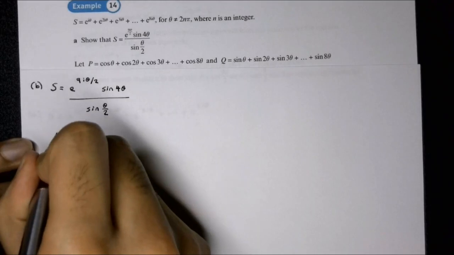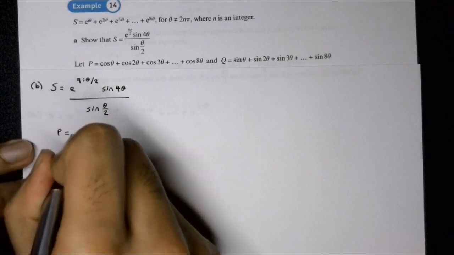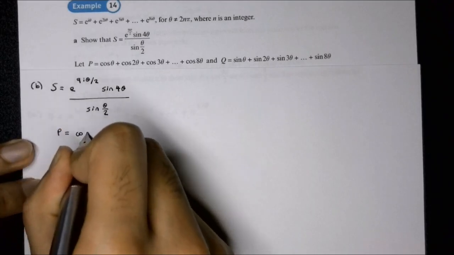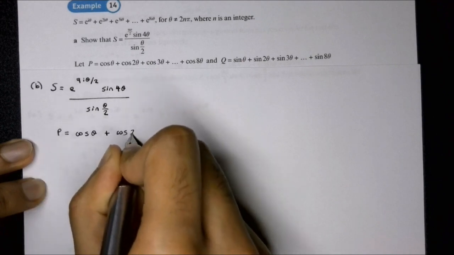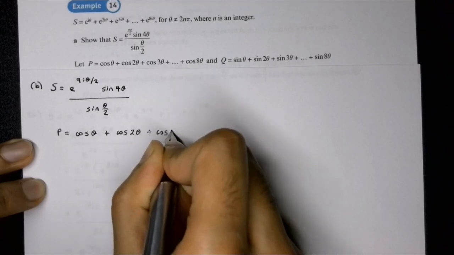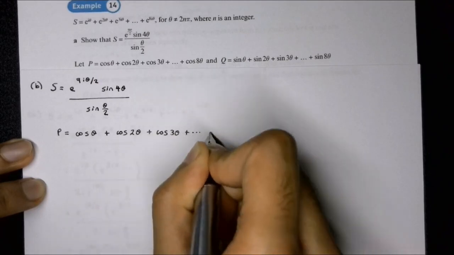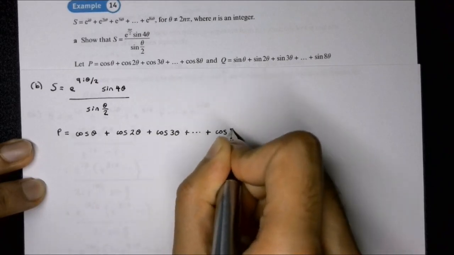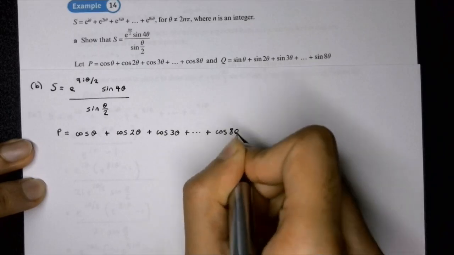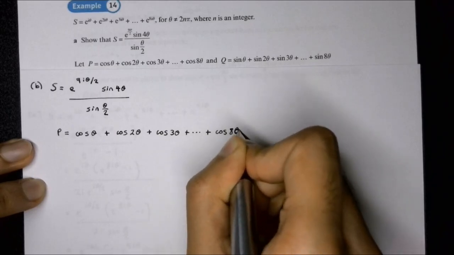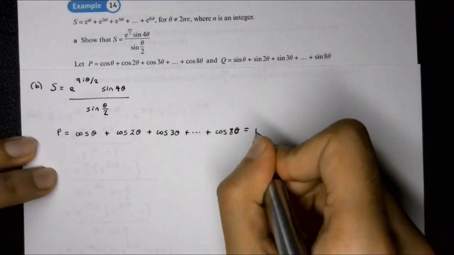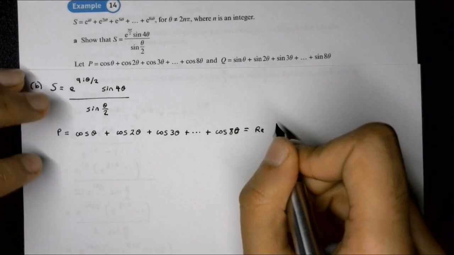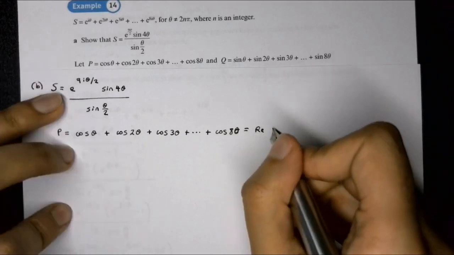P, which is equal to cos theta plus cos 2 theta plus cos 3 theta up until cos 8 theta. Okay, this is equal to the real part of this result here, which is s.